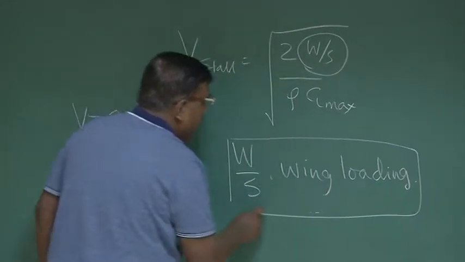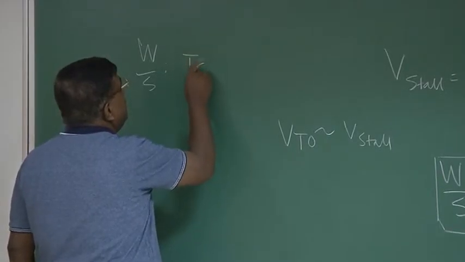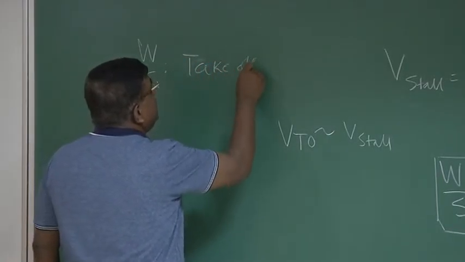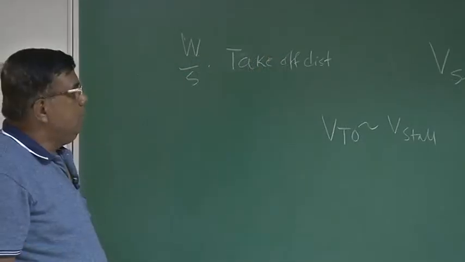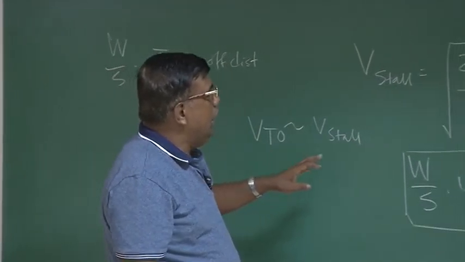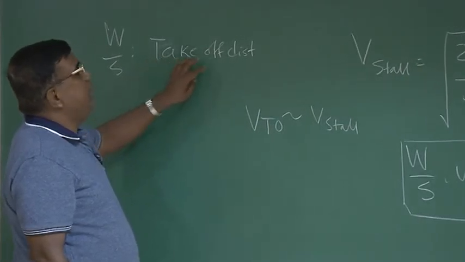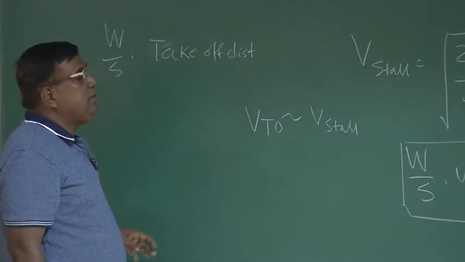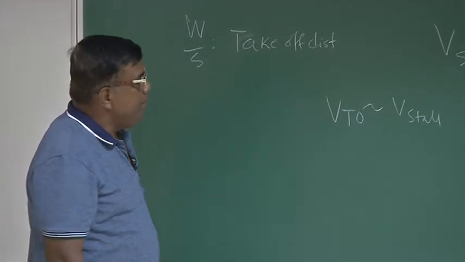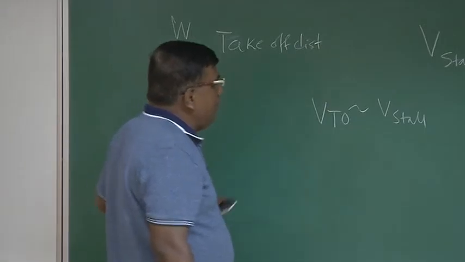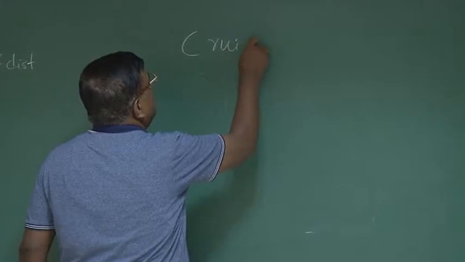So I have to select wing loading from takeoff distance point of view. So we understand here, I have to select W by S, keeping in mind takeoff distance required. We always try to ensure that takeoff distance is as low as possible.